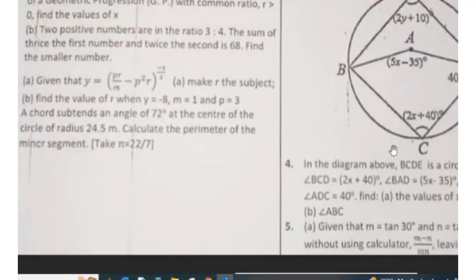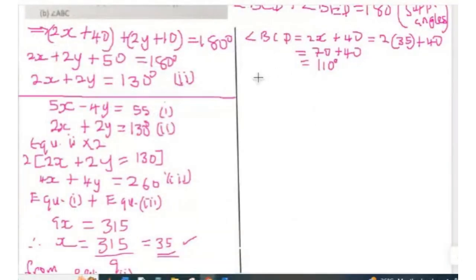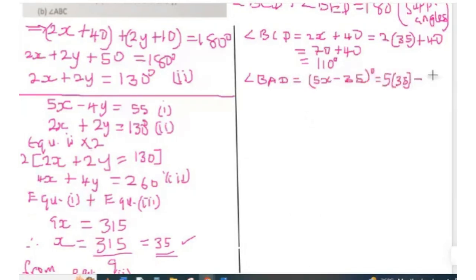Then let's take a look at BAD, which is 5x minus 35 degrees, which is 5 into 35 minus 35 degrees.